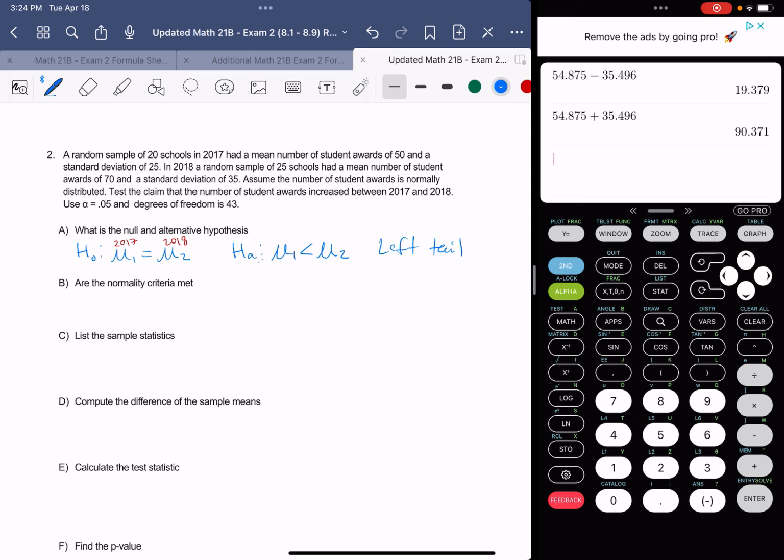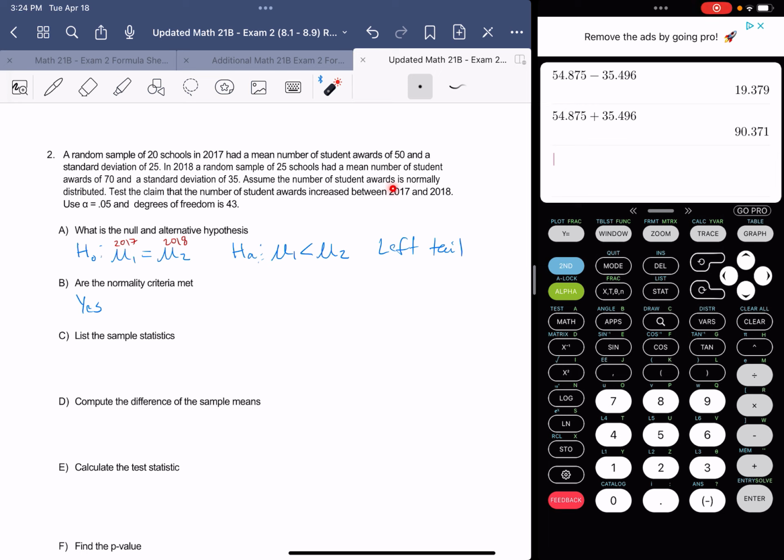Okay. So part B, are the normality criteria met? Yes. Why? It states it's normally distributed. It says right here, assume the number of student awards is normally distributed. Done. I'm just looking for the normally distributed. Sometimes in the book they include random, sometimes they didn't, but what was always consistent was the normally distributed.